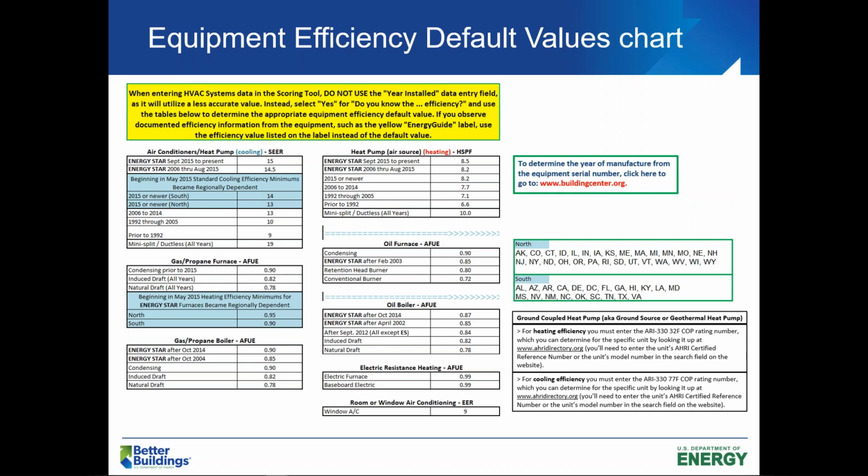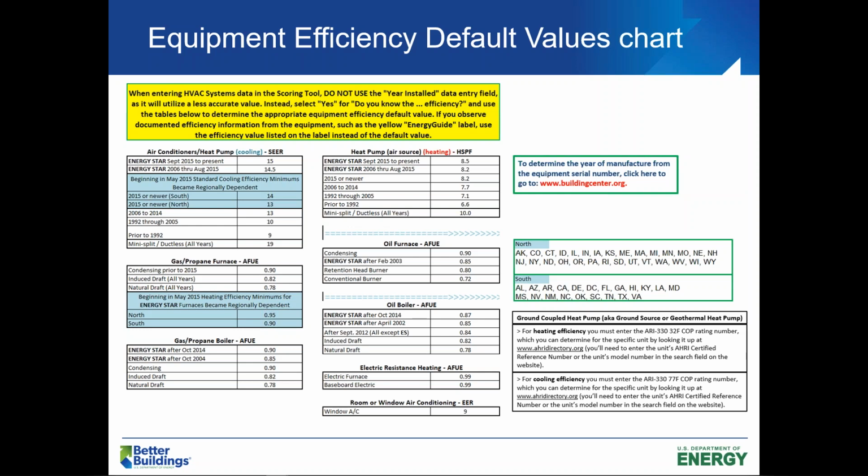Further, as the box says, with this new guidance, you should not need to use the installation date. You should be using the efficiency date. These efficiencies do not align with the defaults that come out by putting in a date.